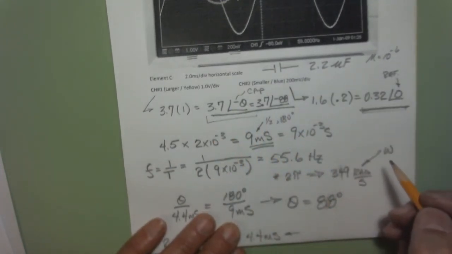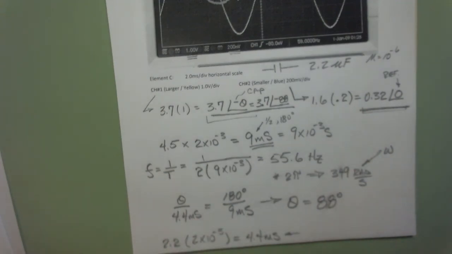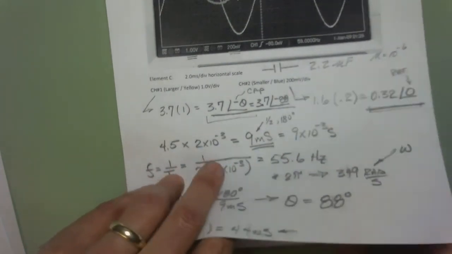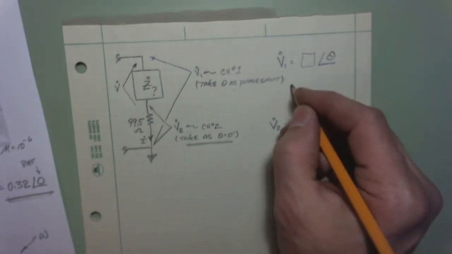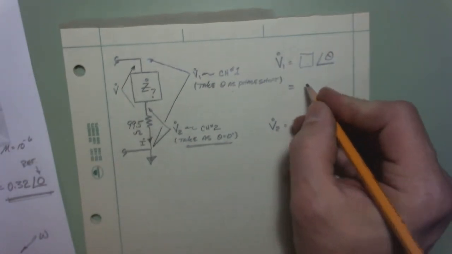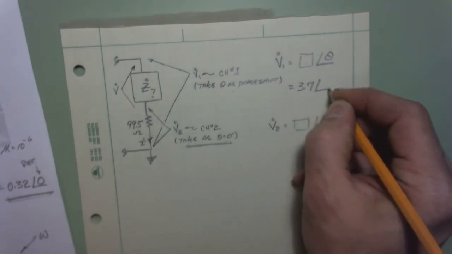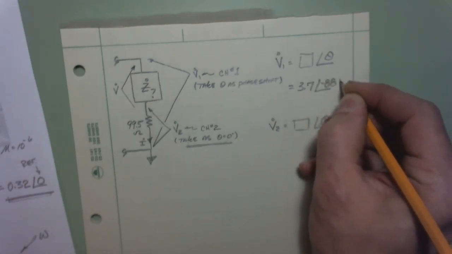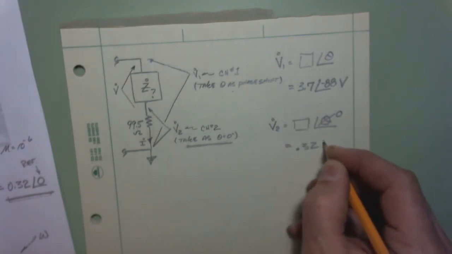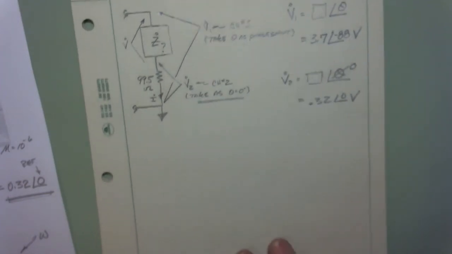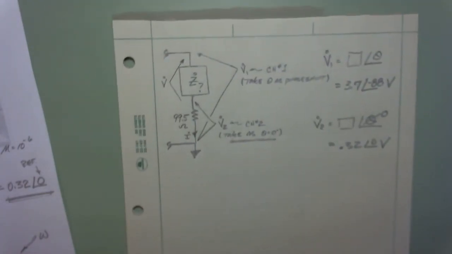That was at 0. And I've got my phase shift. So coming off my graph then, I've got that information, and I should be able to then work through this. Okay, so I've got that this is 3.7 at minus 88, that's volts, and this was 0.32 at 0 volts. And I can start working my way through here.